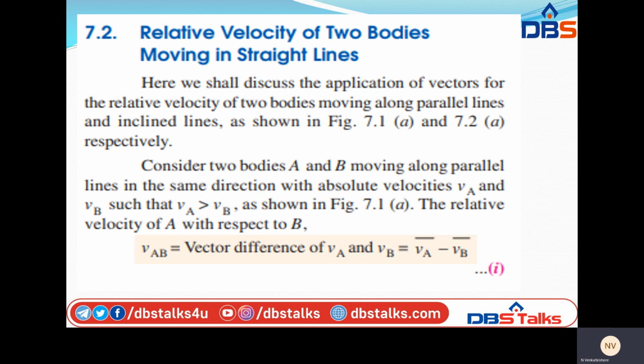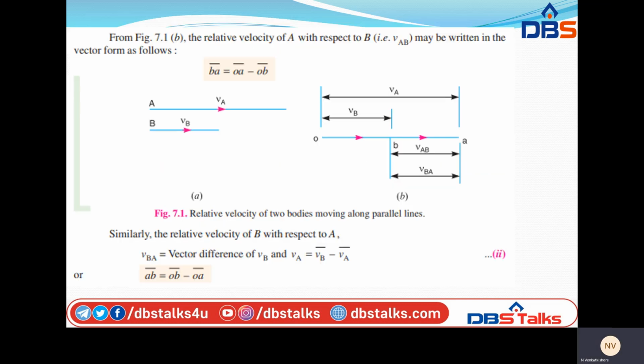If you see the diagram, we have two lines. Here the velocity of A is greater than the velocity of B, when these two are moving in the same direction and parallel.